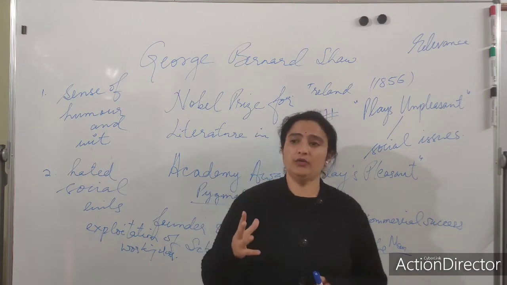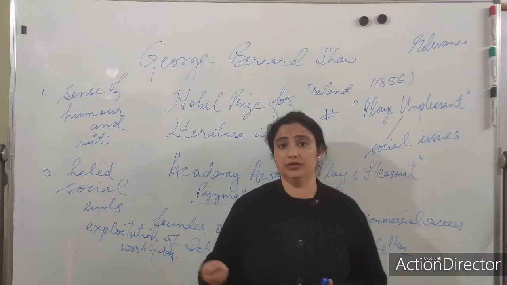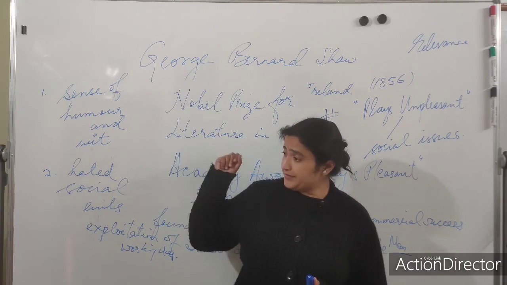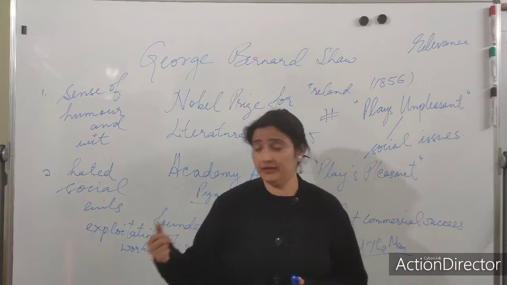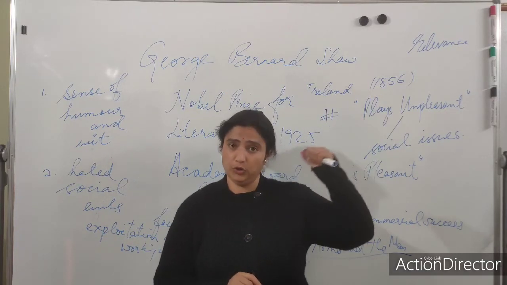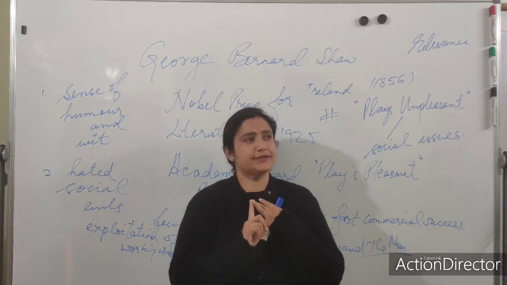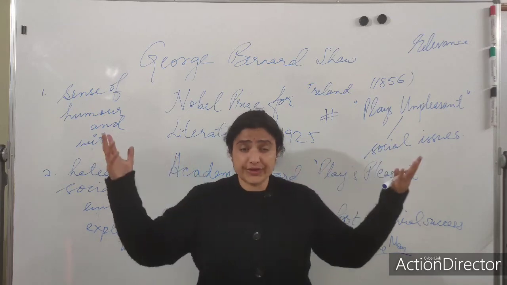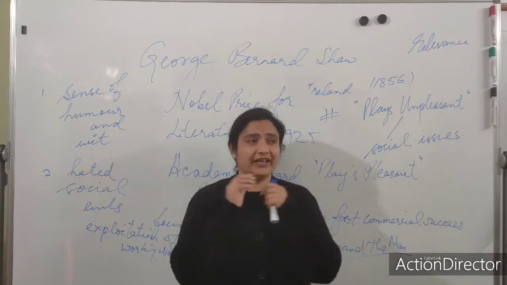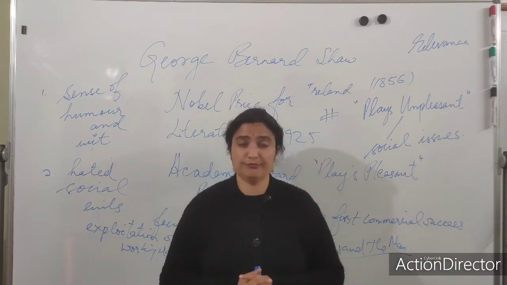Now if I talk about Arms and the Man too, here also he has used wit and humor to make fun of, to mock the people belonging to the aristocratic society, of the people who think that war is great, war must be glorified, of what we call the romantic notion of marriage.